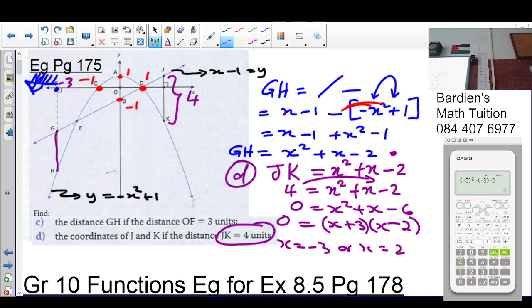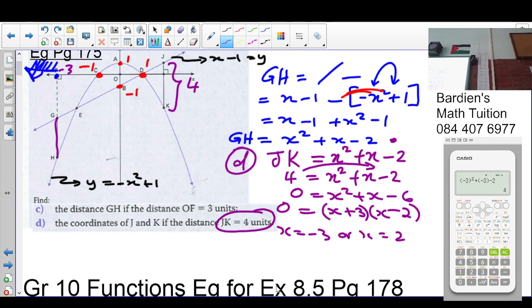So let's pull this down a bit. J's coordinate is going to be 2 and some number, and K's coordinate is going to be 2 and some number. How do we get the corresponding y value for J? Substitute it in. Is J that point on the straight line or the parabola?